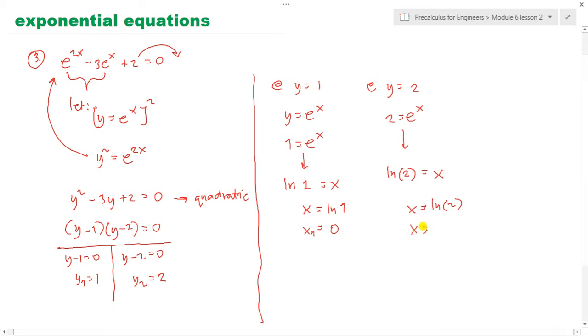That is the second value. So therefore, we have two solutions here. The solutions for x are 0 and 0.693 and so on, for this exponential expression.